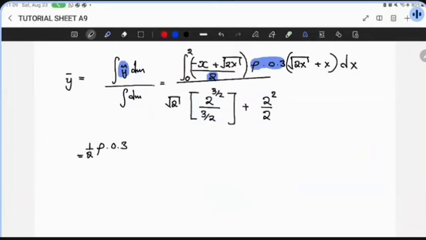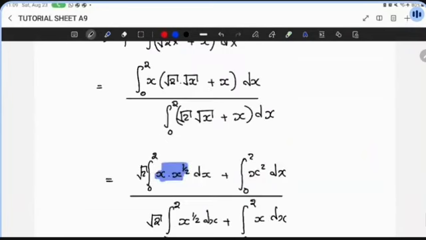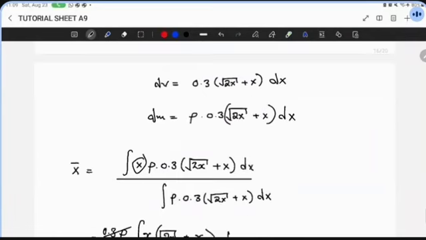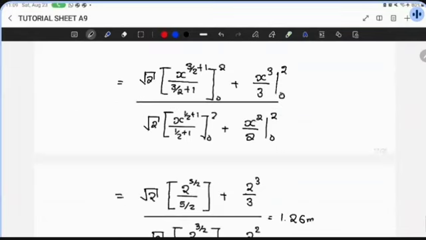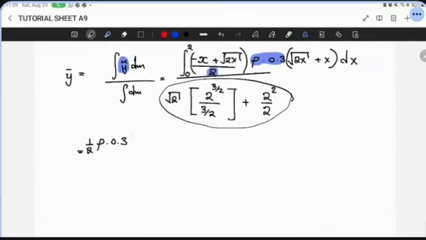Now remember, for me to just bring this up, it originally had the 0.3 density down here. Do you remember that? So it means that since I have taken a shortcut, I should remember that this had cancelled already, so I shouldn't have it here anymore.